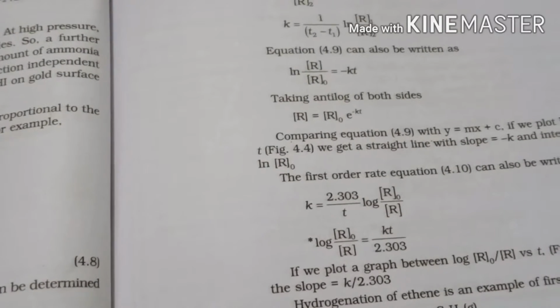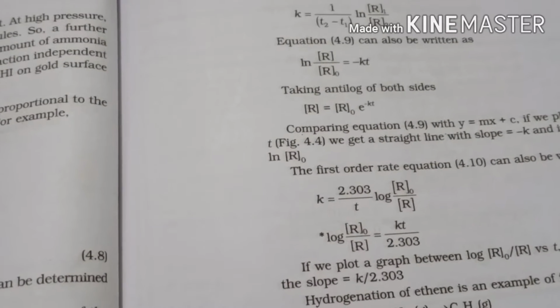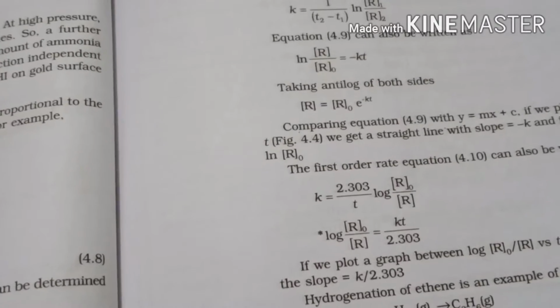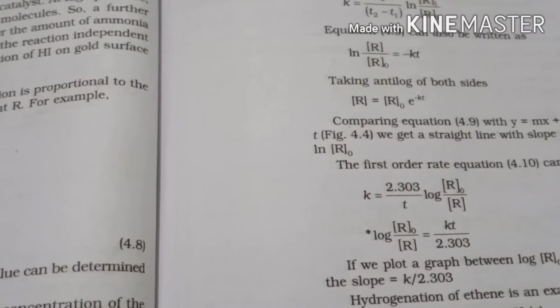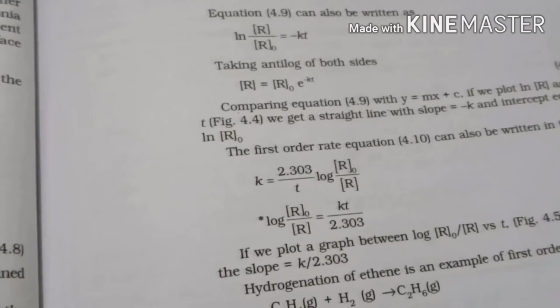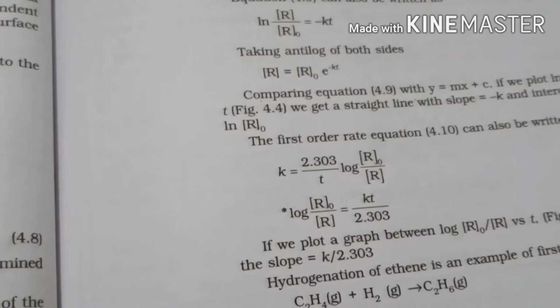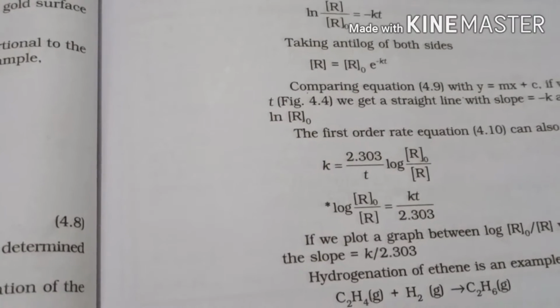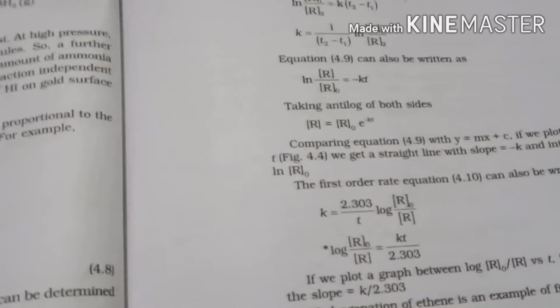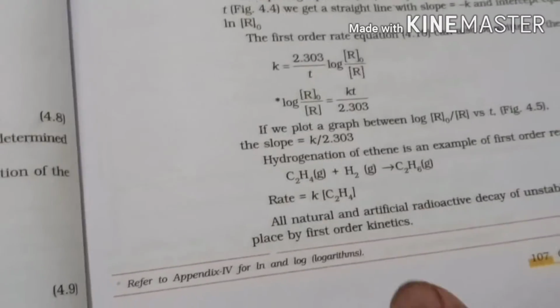The first order rate equation can also be written as k equal to 2.303 by t log of R naught by R. So log of R naught by R equal to kt divided by 2.303. If we plot a graph between log R naught by R versus t, we get a slope k divided by 2.303. This is the first order reaction.